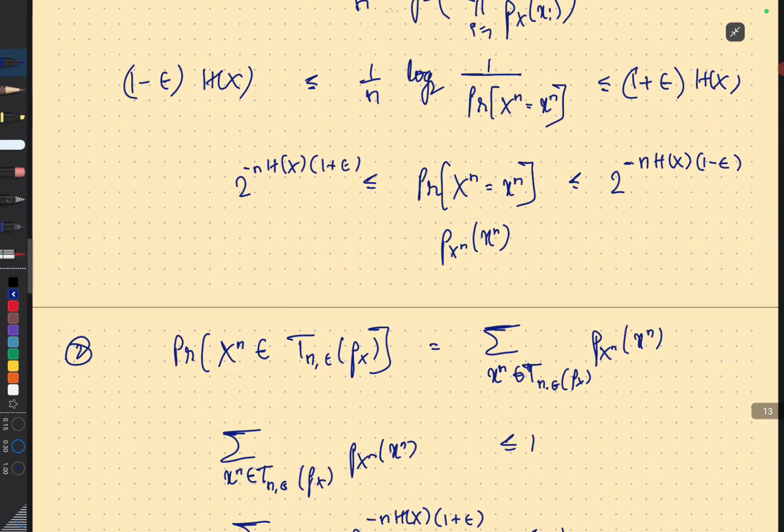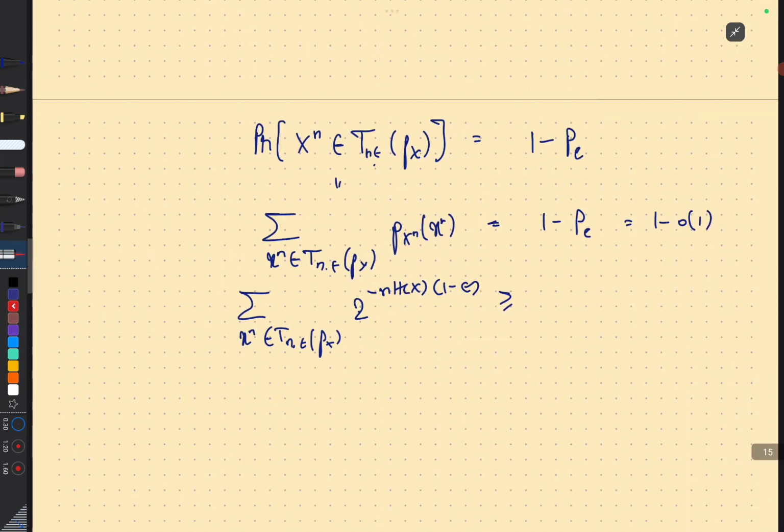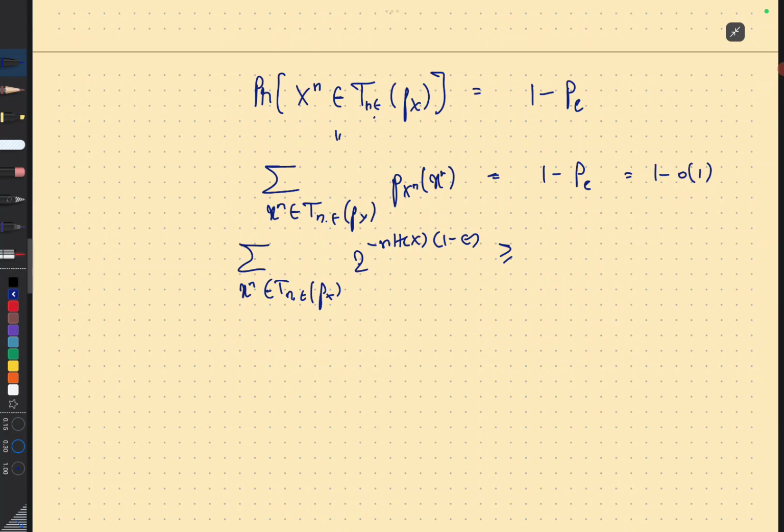So here I am essentially using this upper bound on the probability that Xn is equal to xn. So this quantity is greater than or equal to 1 minus the probability of error, which is 1 minus something that goes to 0.